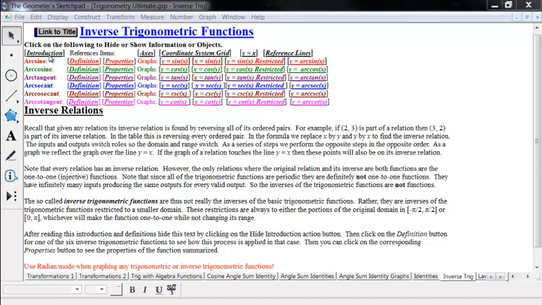Basically you take the original trig function and throw out duplications so that you keep every y value once. There are lots of different ways to do this, but we keep the portion of the function that's between negative pi over 2 and pi over 2 in some cases, or the portion that's between 0 and pi, whichever will make the function one-to-one, and it will not change the range.